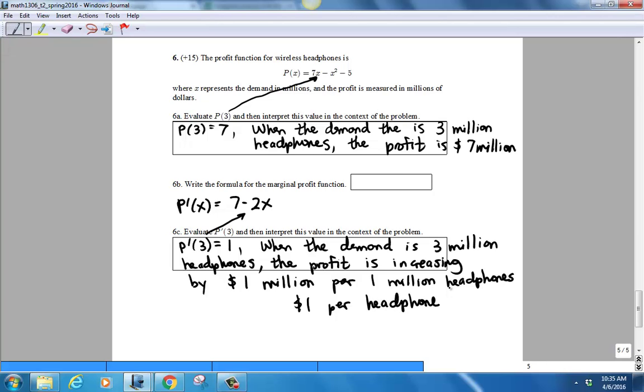Dollars per 1 million. Then again, make sure you go back and review your test, okay?